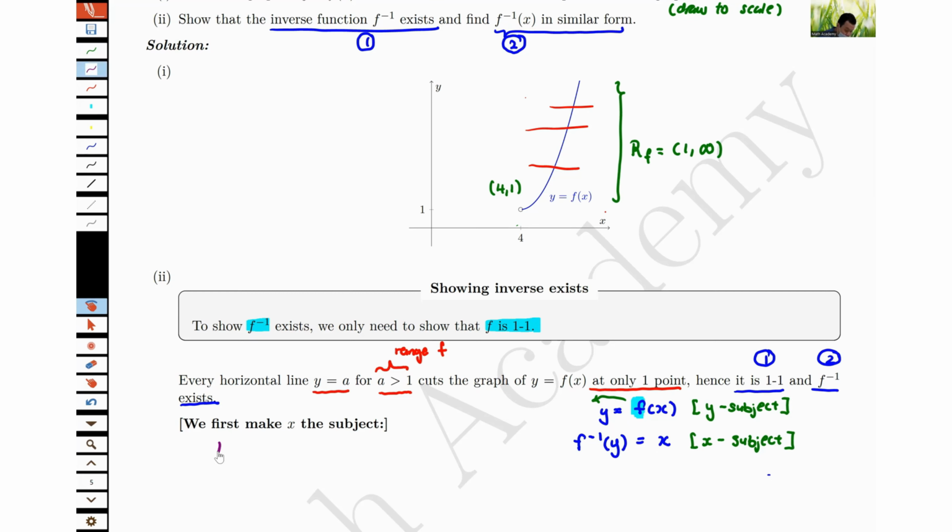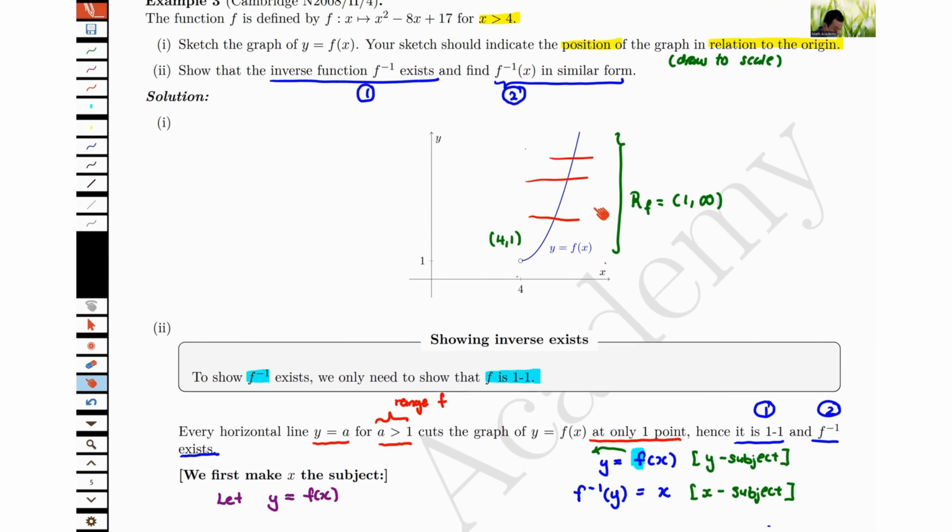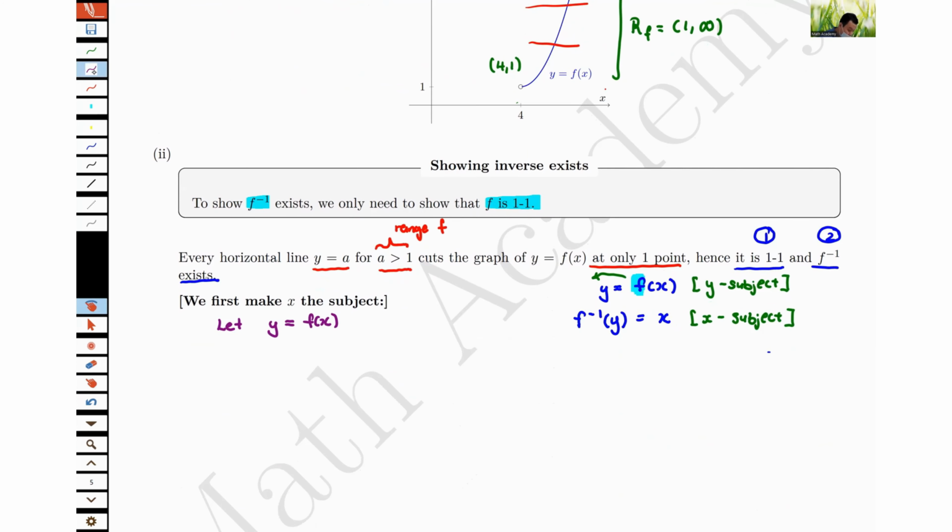Therefore, when I start the problem, we should say we let y equal f(x), and we fit in the equation. Your goal is to make x the subject.